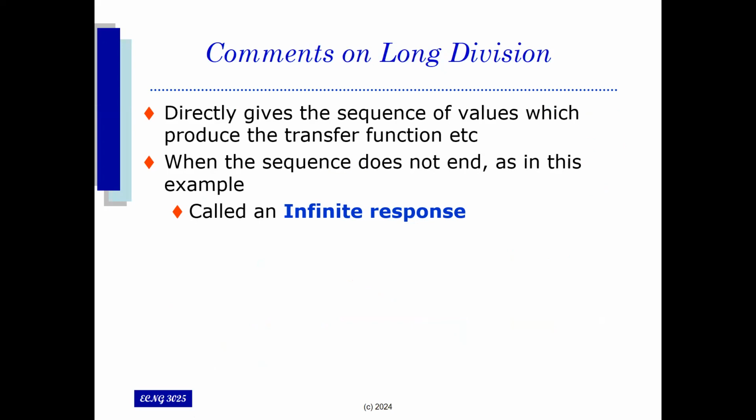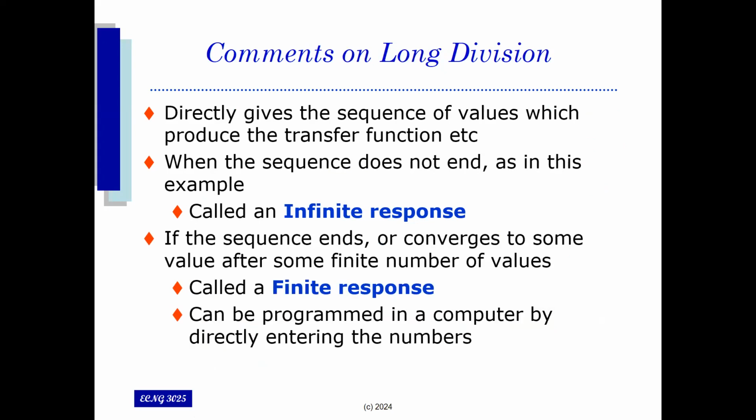In other words, it has something called an infinite response. There are others where after I keep dividing and so on, it will end after some finite number of values. That is called a finite response.